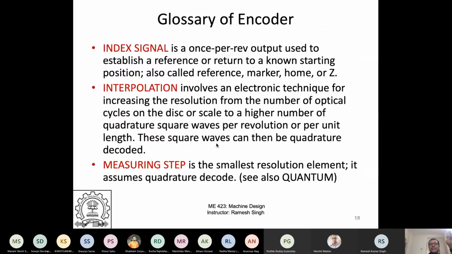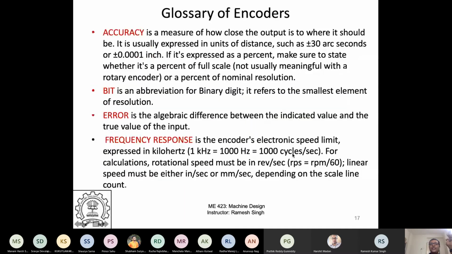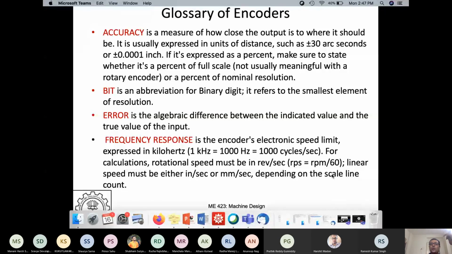And there is something called frequency response. The frequency response of the encoder is the electronic speed limit: how many cycles it can log in 1 second, so 1000 cycles or however many. This is important because that's how I'll be able to get data in one revolution. The rotation speed must be in revolutions per second or RPM, and linear speed should be in inches per second or millimeters per second, depending upon the scale count.